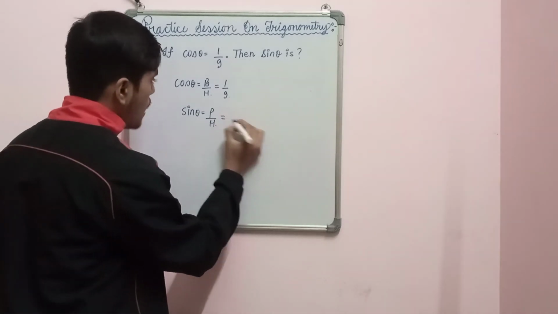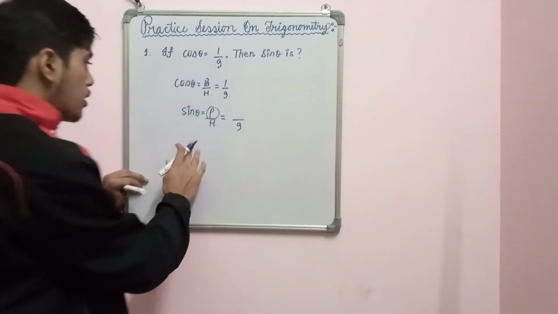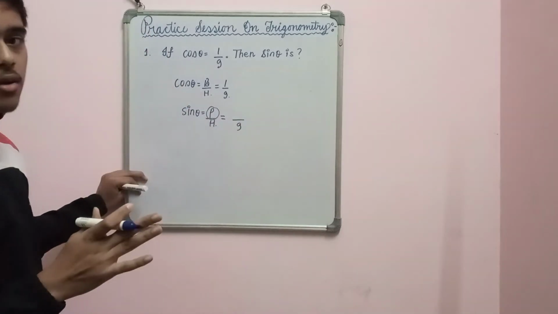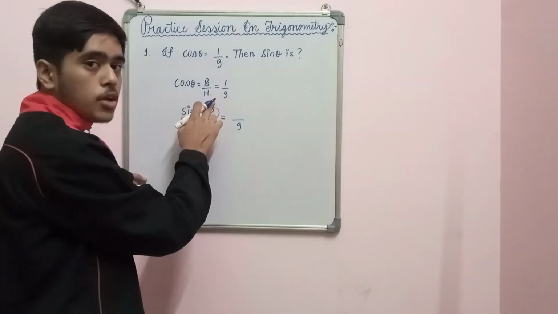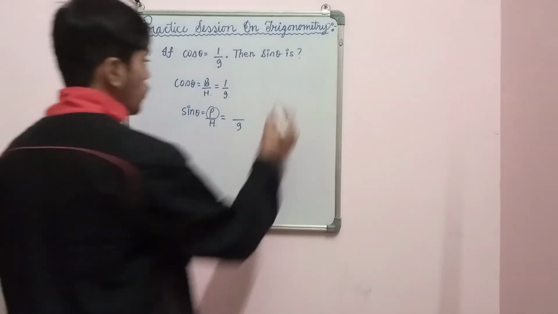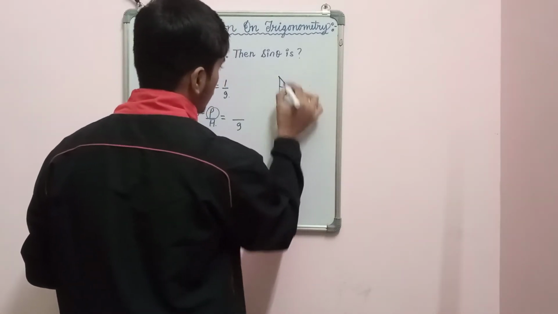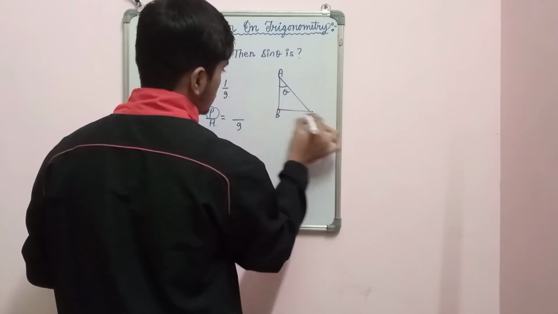Here we have hypotenuse 9, but what about perpendicular? We have to find the perpendicular. We have base, we have hypotenuse, so we can apply the Pythagoras theorem and find the perpendicular. Let us say this is a right angle triangle, this is the angle theta, let us name it ABC.